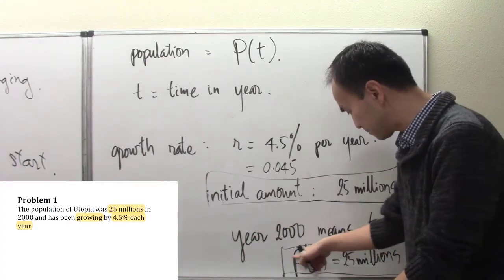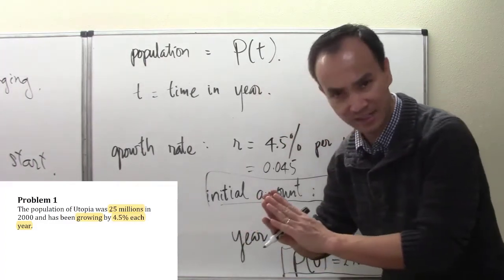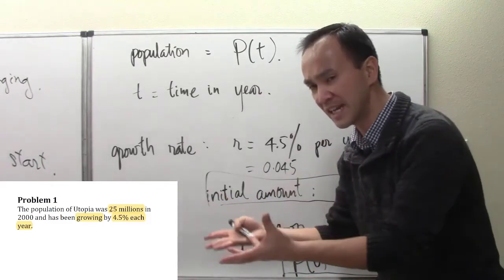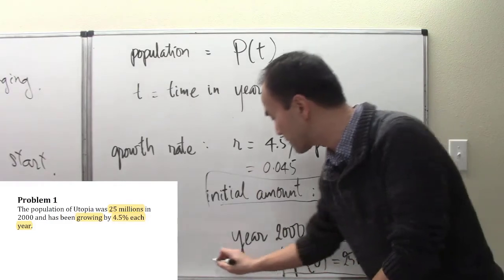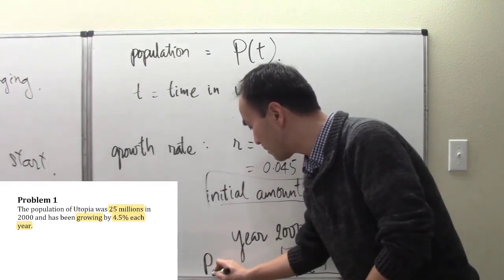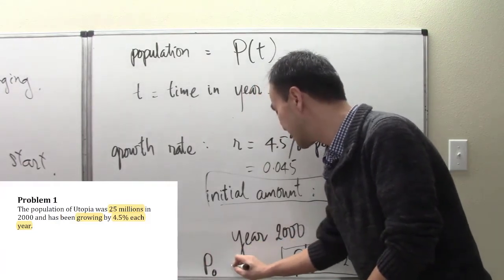P at 0 is the population value at time 0. A lot of times, many textbook authors use this symbol for the population amount at initial time, P sub 0. This is another way of saying that.